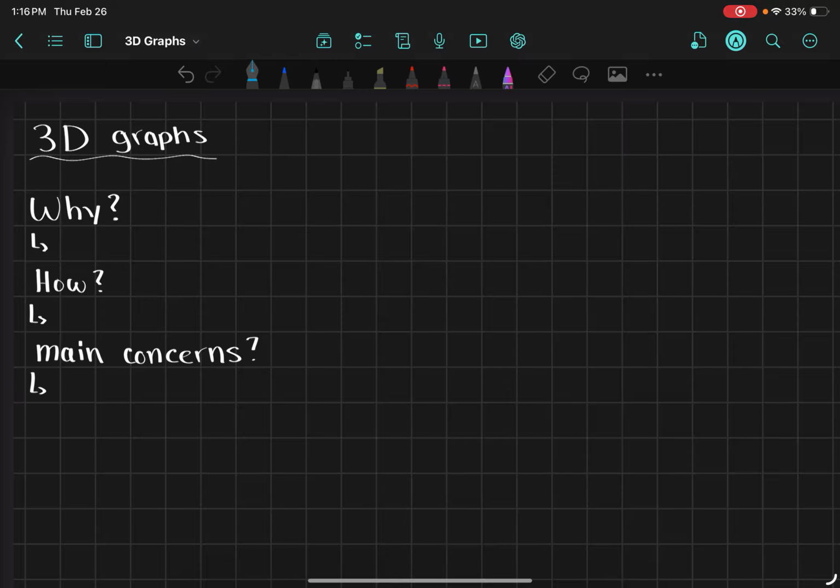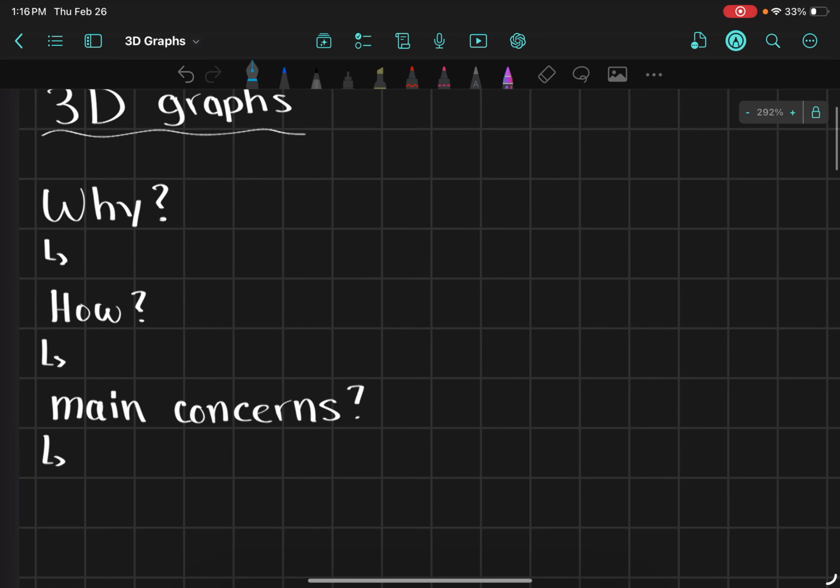So jumping right into it, we kind of just have to ask ourselves, why do we care about 3D graphs? Well, essentially when we are looking at functions in 3 dimensions, we need to understand exactly what the domain underneath that function is. So essentially why we care about 3D graphs is because we want to know what the domain of our function is.